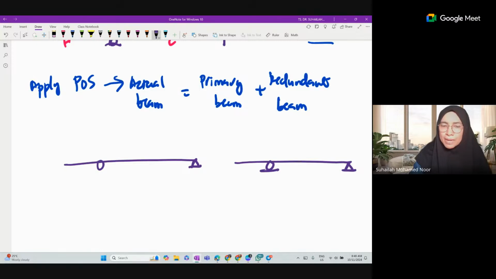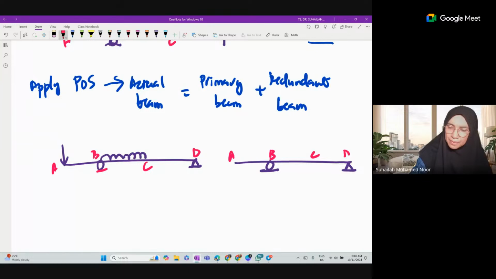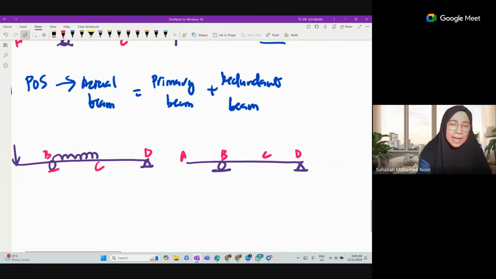The first one, the primary beam, is a determinate or simply supported beam subjected to all external loading, with points A, B, C, and D. We also have the same A, B, C, and D for the redundant beam, but there we apply a moment at D, a unit value of MD.